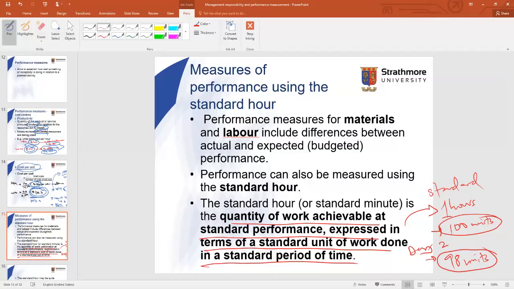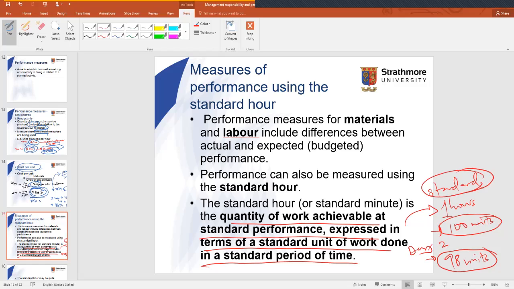What could be the factor? Were they sick? Was the machine slow? You may want to introspect by comparing the actual performance versus the standard. The standard must be there so that you can track whether things are improving or becoming worse off, by comparing the standard versus the actual.